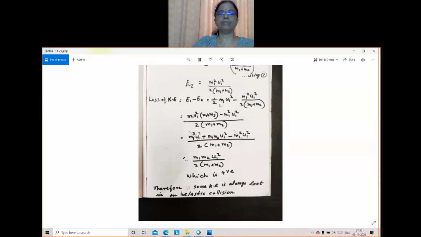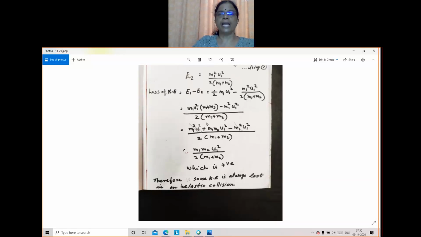Then we calculate the loss in kinetic energy, E1 minus E2. E1 is half m1 u1 square minus E2, which is m1 square u1 square by 2 into m1 plus m2. Then we take the LCM, 2 into m1 plus m2. Half is there in both terms. So m1 u1 square into m1 plus m2 minus m1 square u1 square.